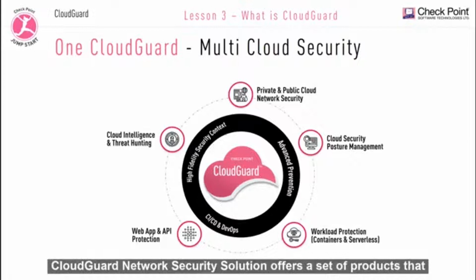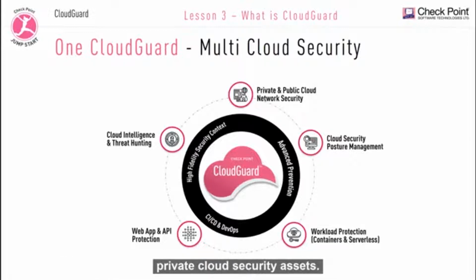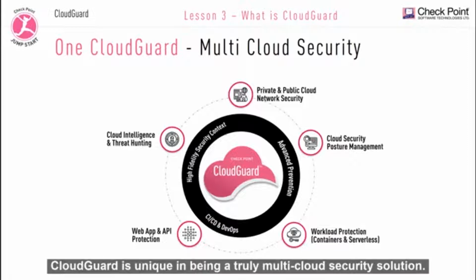CloudGuard Network Security Solution offers a set of products that can secure not only your public cloud security assets, but also your private cloud security assets. CloudGuard is unique in being a truly multi-cloud security solution.